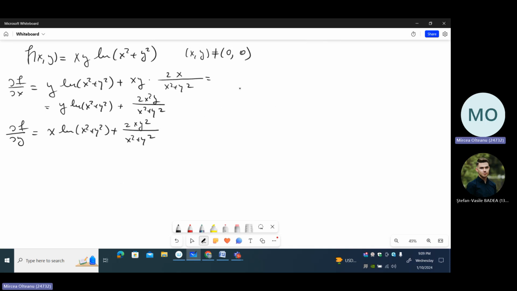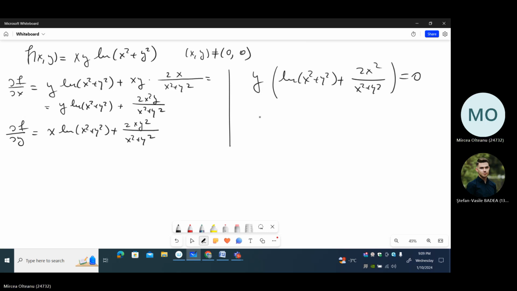Of course, the system can be written: y times logarithm of x squared plus y squared plus 2x squared over x squared plus y squared equals 0, and x times logarithm of x squared plus y squared plus 2y squared over x squared plus y squared equals 0.